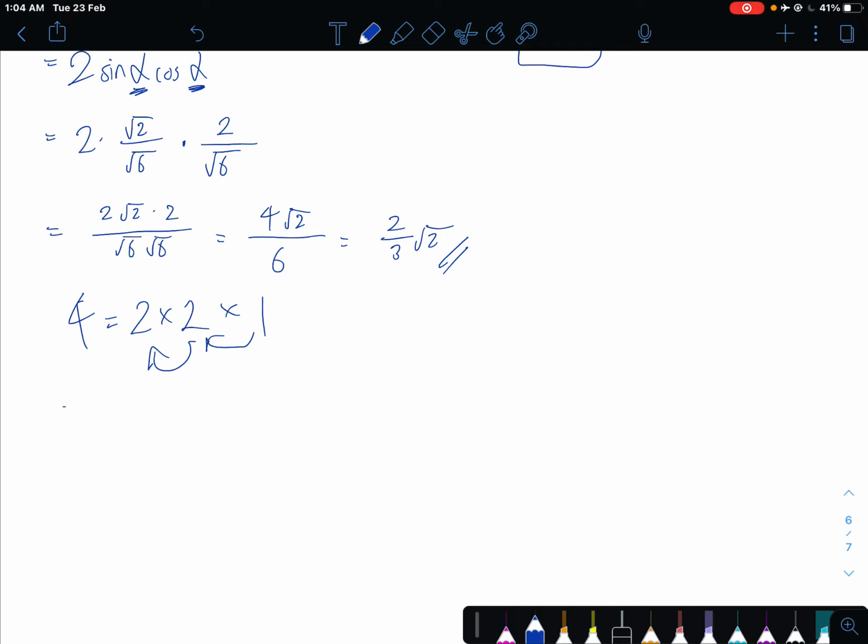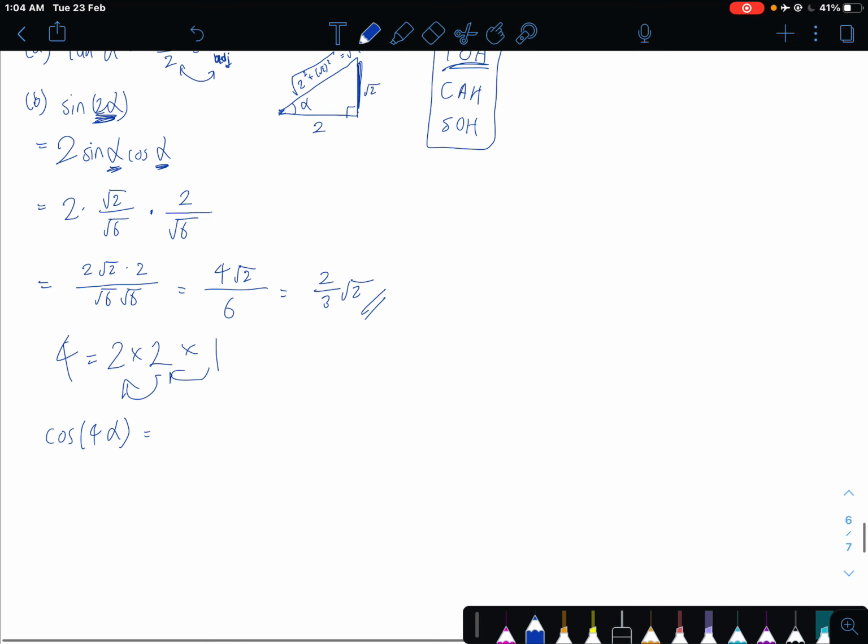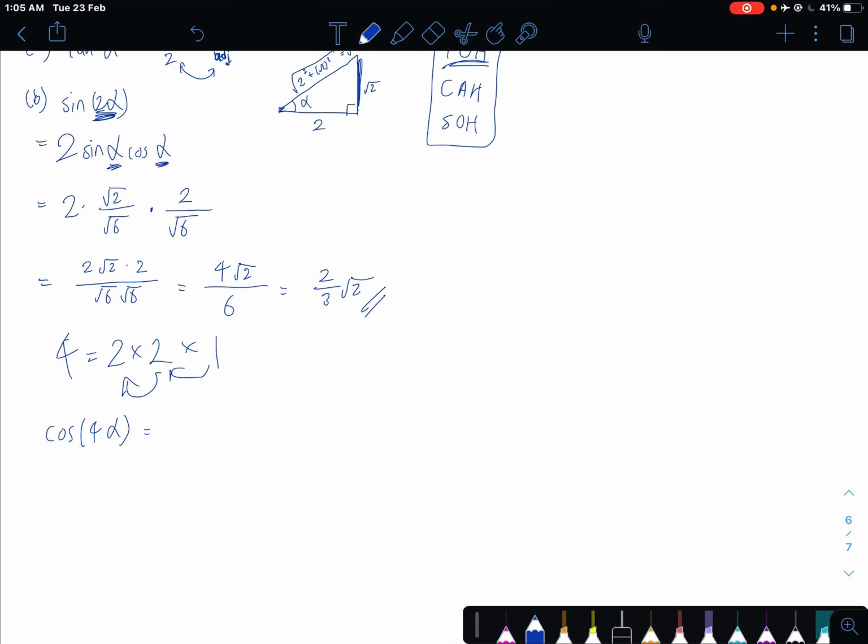Now, cosine of 4 alpha. In this case, since we have already found out what sine of 2 alpha is, it would be better to make use of the identities. There are 3 identities you can use regarding the double angle formula for cosine. I would suggest you use the one which involves more sine squares.